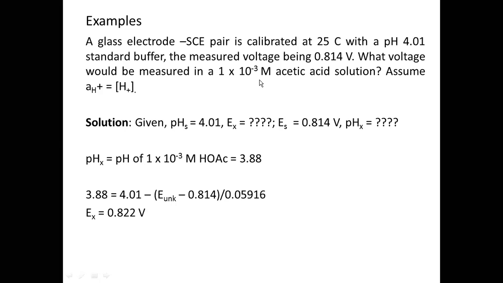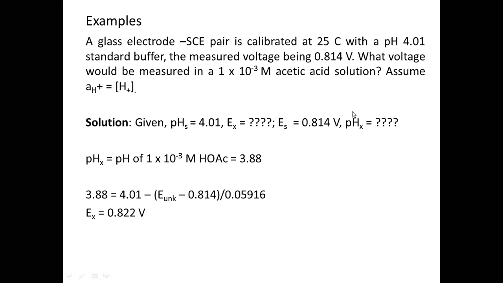If you take 1 millimolar acetic acid solution, what is the voltage generated? Given that the activity of H plus ion in acetic acid will be simply the hydrogen ion concentration. The pH of the standard is given as 4.01. You have to calculate the EMF for the acetic acid. The EMF for the standard is also given as 0.814 volts.